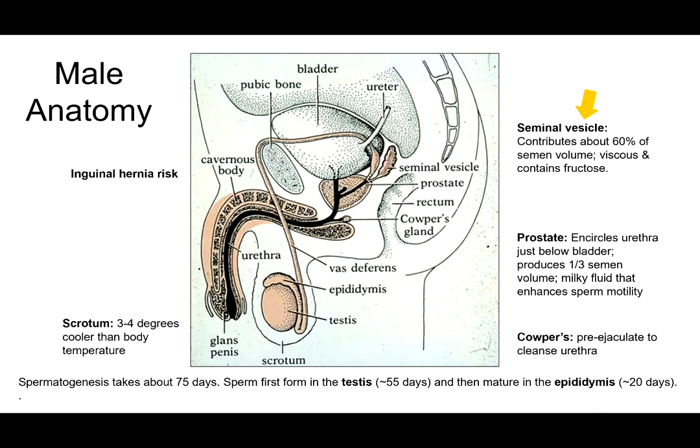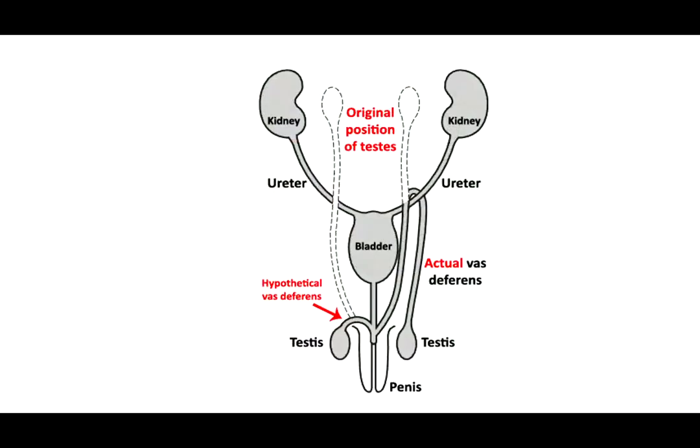So why is that? Developmentally, some really bizarre thing happens, which leads to this need for the vas deferens to protrude through the body cavity. So let's go back into earlier development, before a male is born.